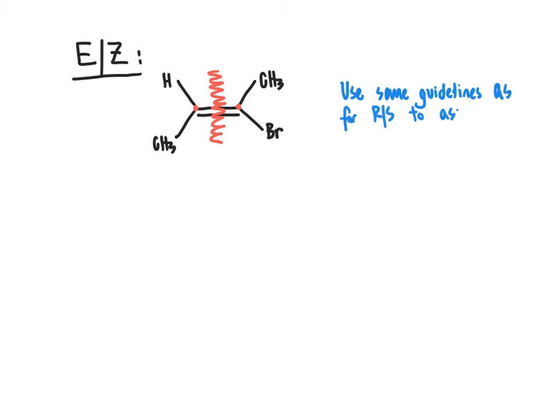And remember, that's an atomic number based assignment. So we're looking for the atom that's directly bonded here that has a higher atomic number. And if there's a tie, then we go one more spot down the chain looking at what's directly bonded there. So we're going to use the same guidelines for assignment here as we did for R and S.